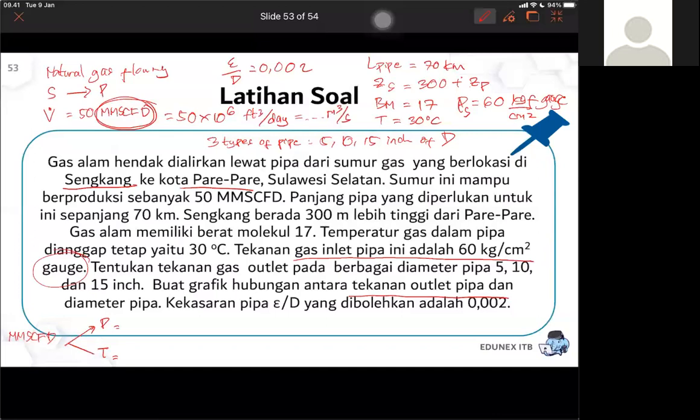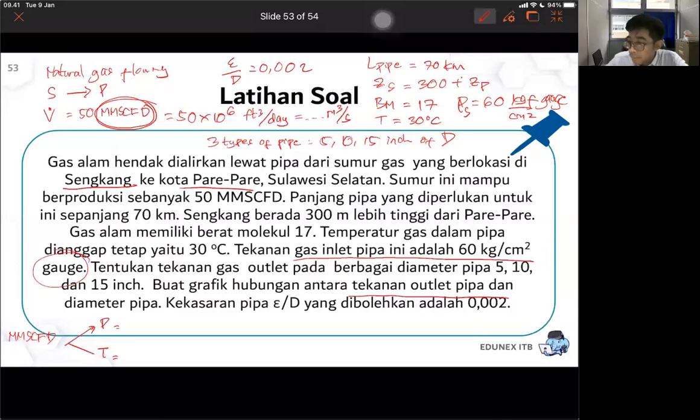Sir, is it 50 bars, 80 degrees centigrade? No, not 50 bars. Standard 101 kilopascal sama 273 Kelvin, bener nggak, Sir?